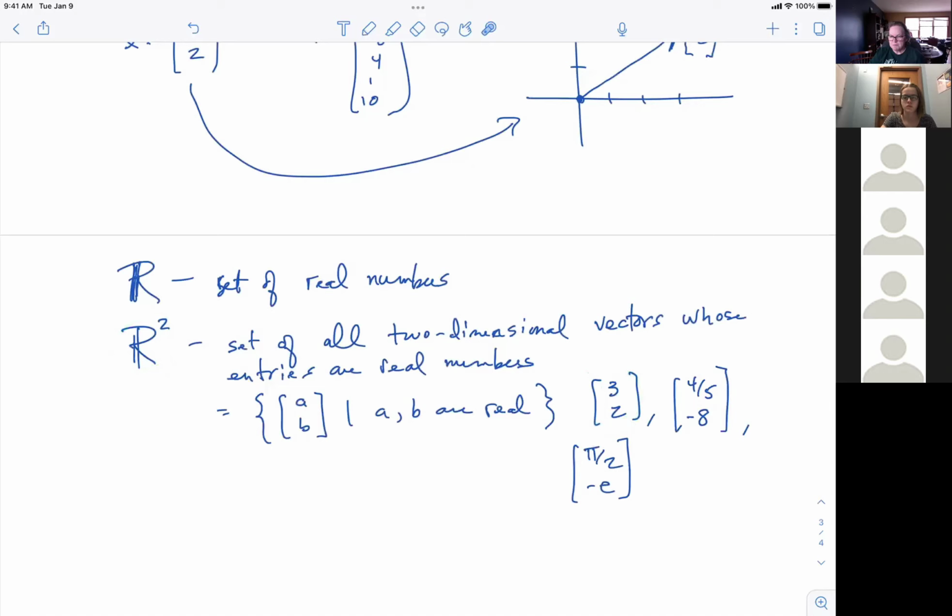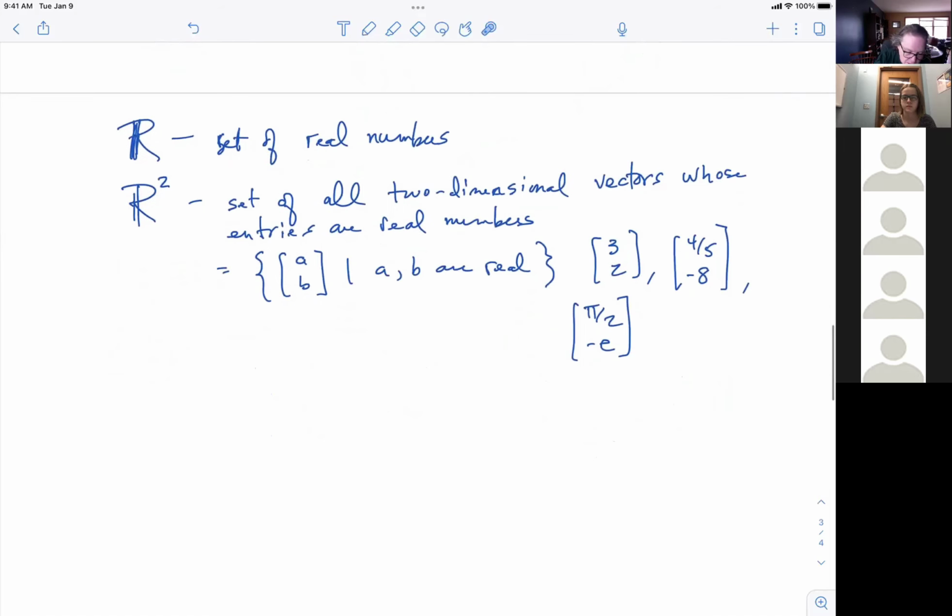Questions here? All right, so what do you think R3 is? Three-dimensional vectors. Yeah, extrapolate from the previous one.